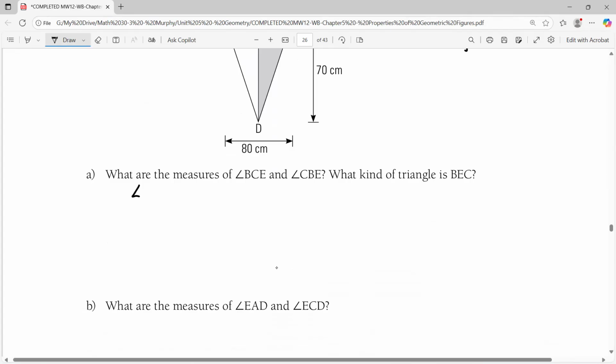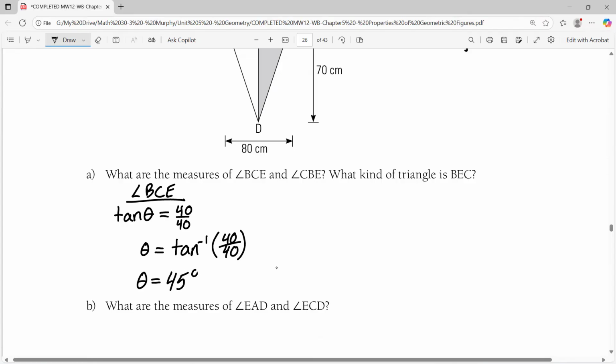Okay, so angle BCE, we're going to go tan theta equals 40 over 40. Second function tan, 40 divided by 40 is 1. And we end up with 45 degrees. Okay. So now we know that that angle is 45.